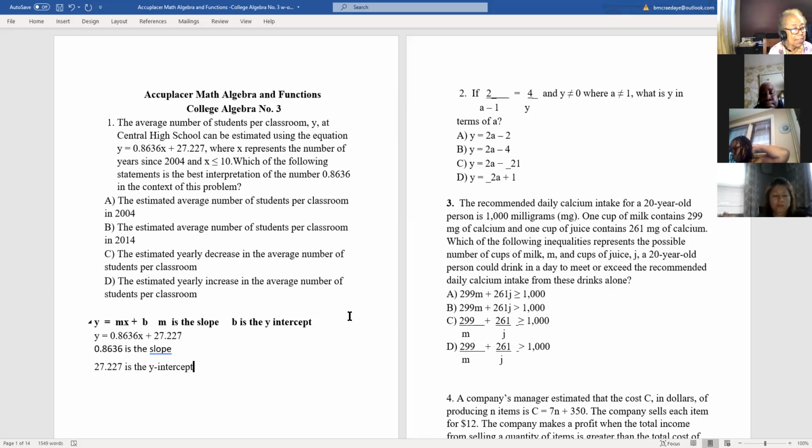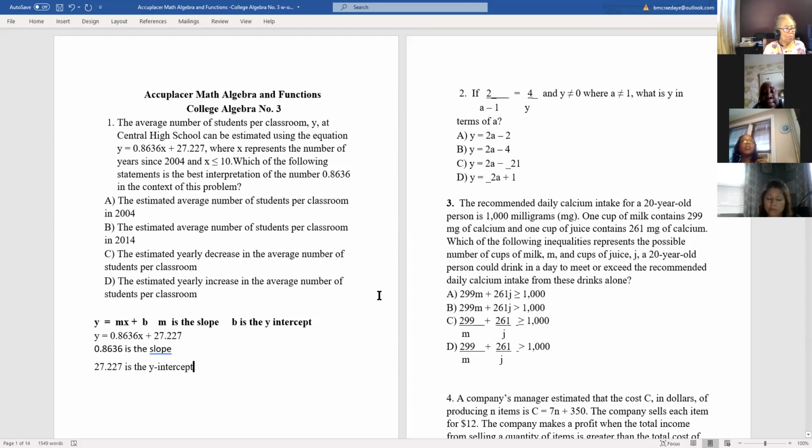Which one of these answers you think would be correct? Which of the following statements is the best interpretation of this number, 0.8636, which is the slope? Which of these statements you think is the best interpretation of the slope?